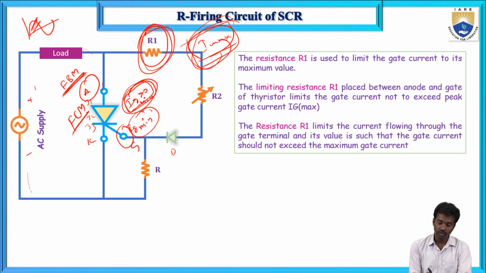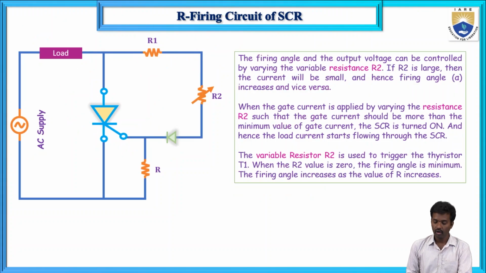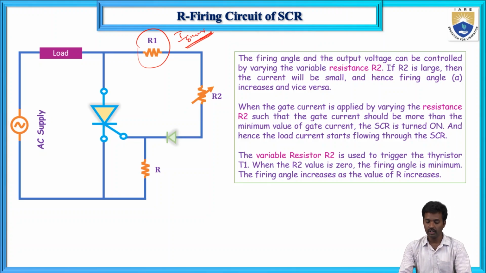If you have minimum gate current only, it will trigger, but R1 decides the maximum: R1 equals VG, the gate voltage, divided by Ig maximum. So this will determine Ig maximum and ensure that.